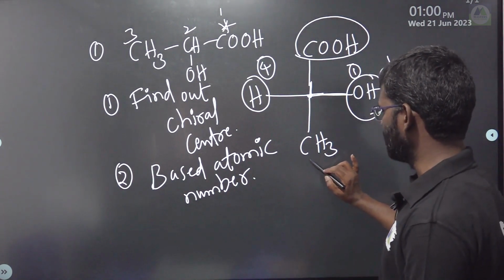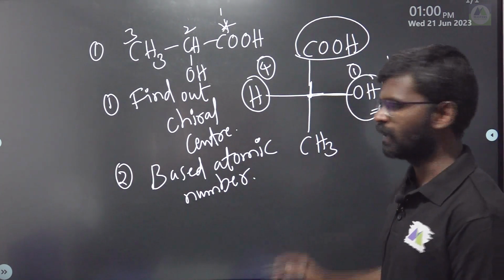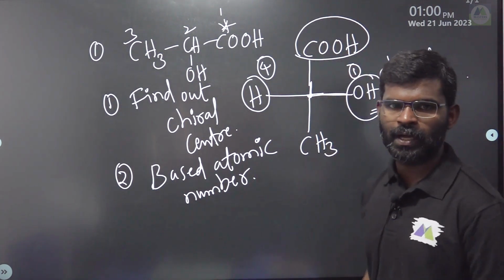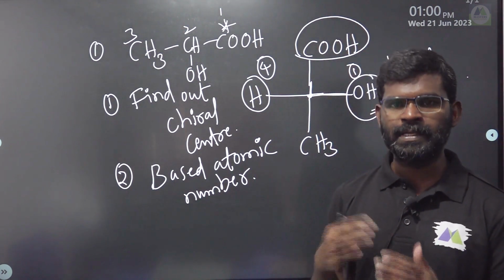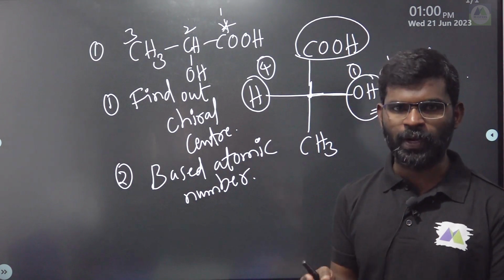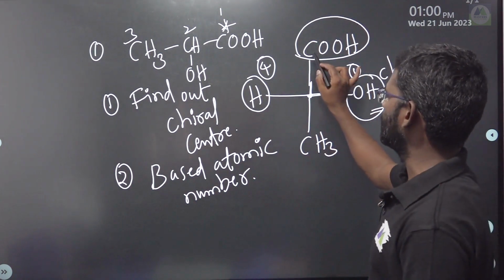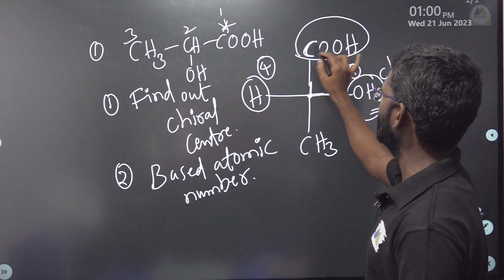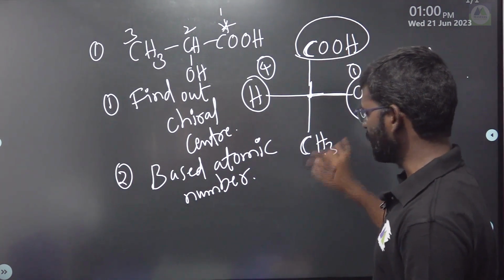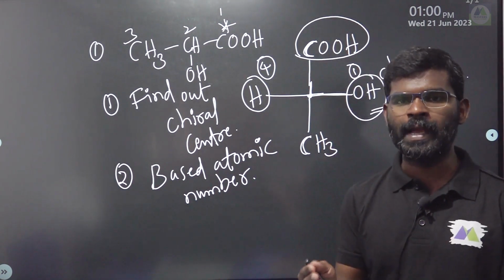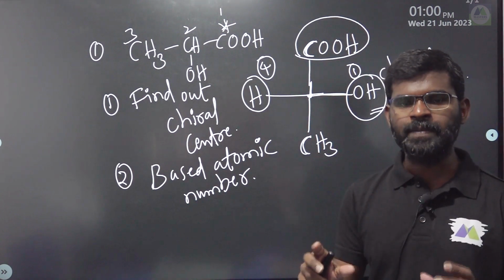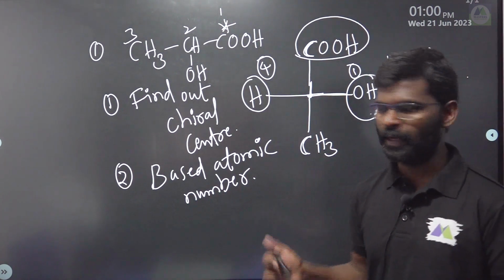Here there is a clash between carbon and carbon. Here also carbon, here also carbon. If the directly attached atoms are both the same, then we go to the next point. The next point is this is the directly attached atom. So this atom directly attaches to how many atoms, and of those atoms, which one has the higher atomic number, right?